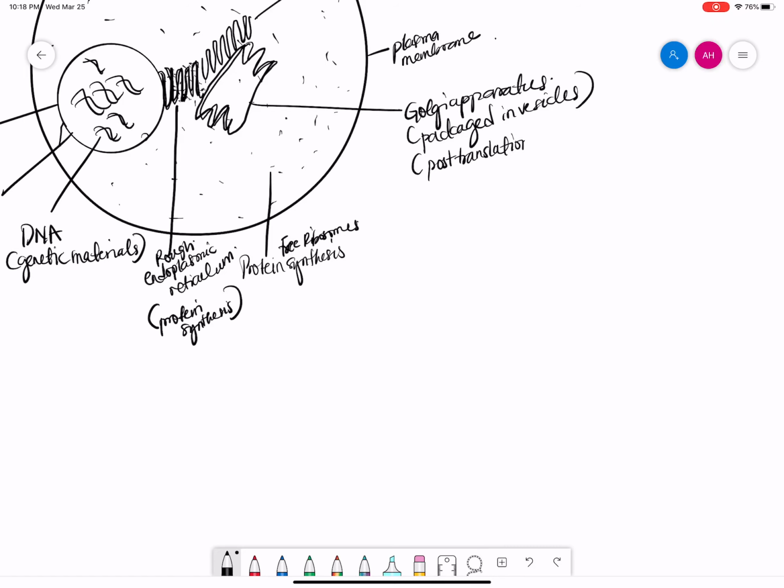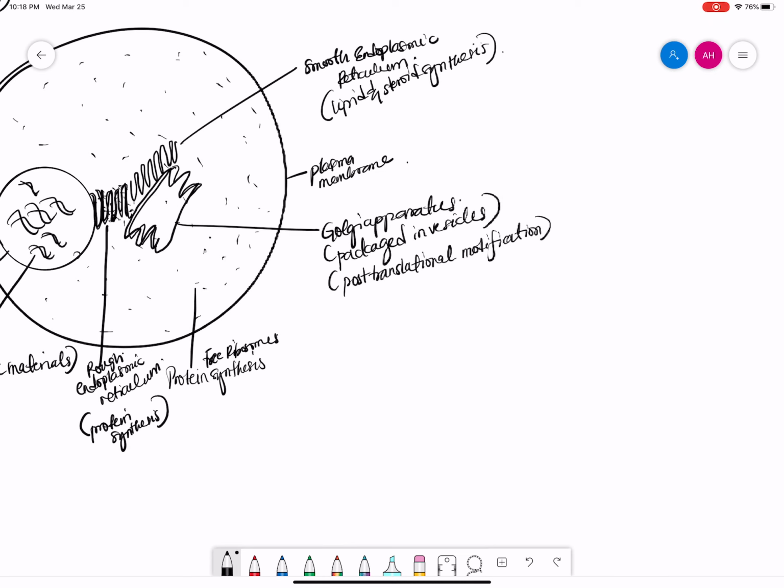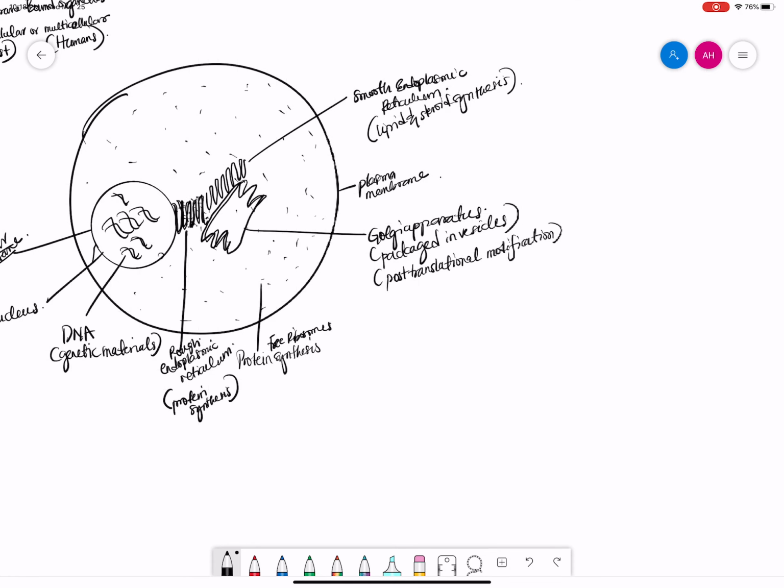Post-translational modification. All that means is that after a protein has been made, we can add something else to it. Sometimes we can combine a protein with glucose, or with a lipid. That's called a post-translational modification.